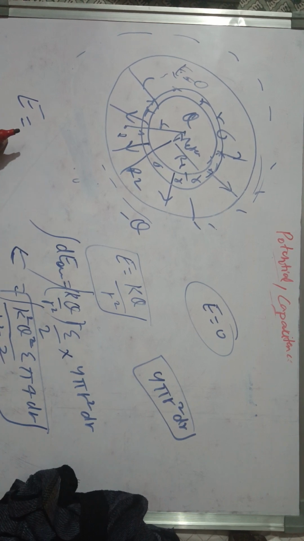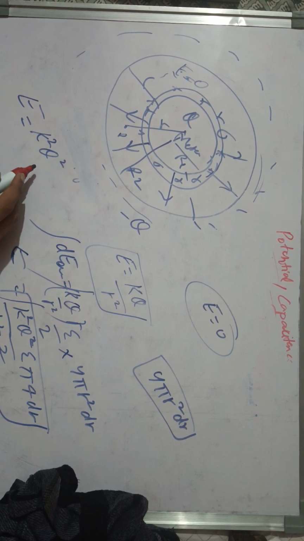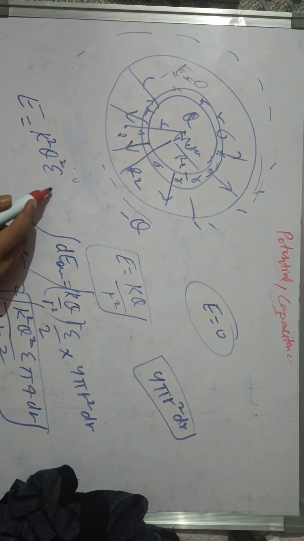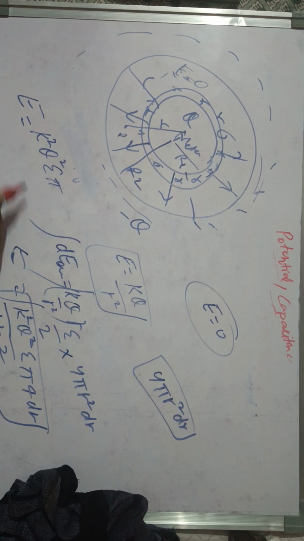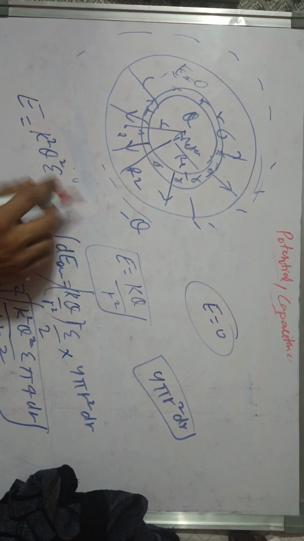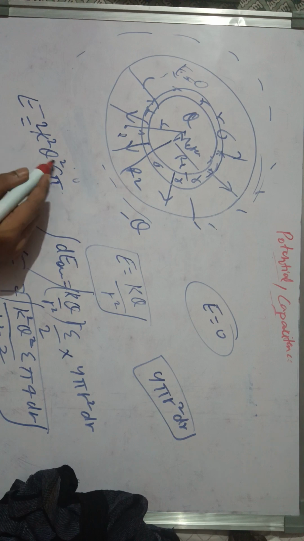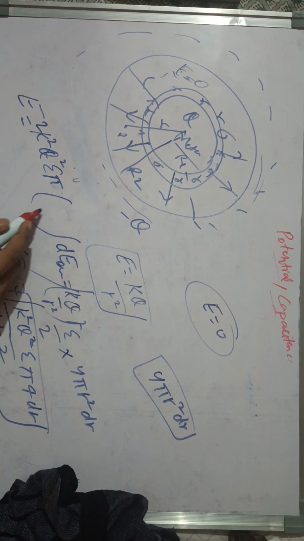When we integrate this, we get the total energy equal to k square q square epsilon pi. 4 by 2 is 2 simply, so it will be 2 k square q square epsilon pi, and the integration will give 1 upon r1 minus 1 upon r2.